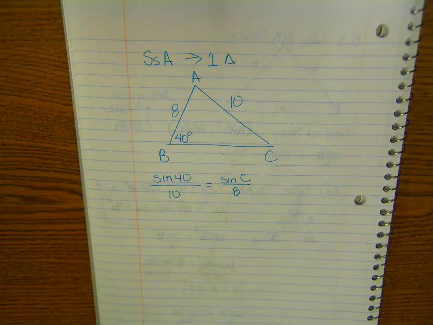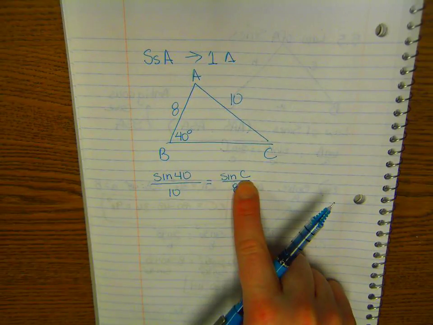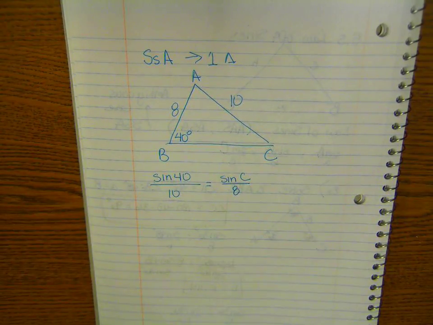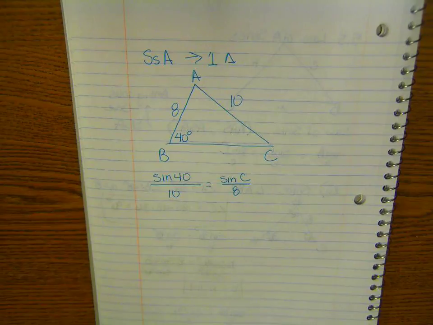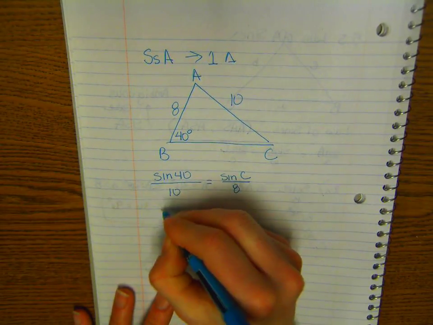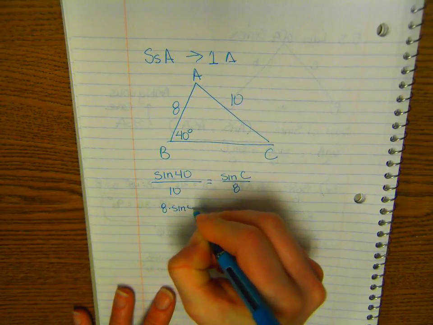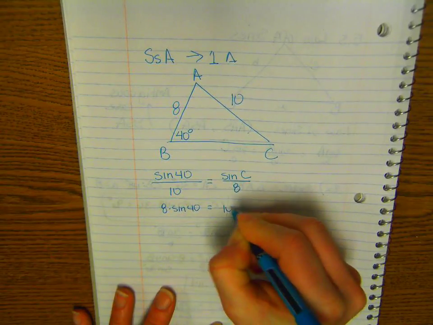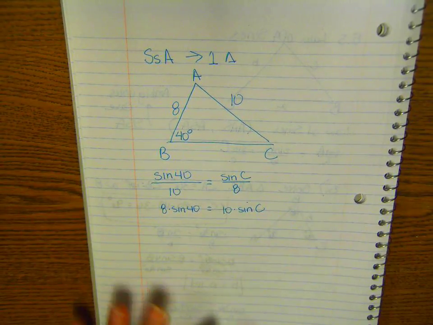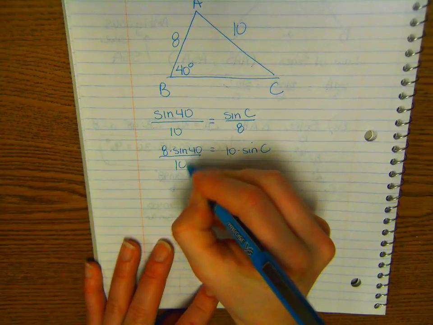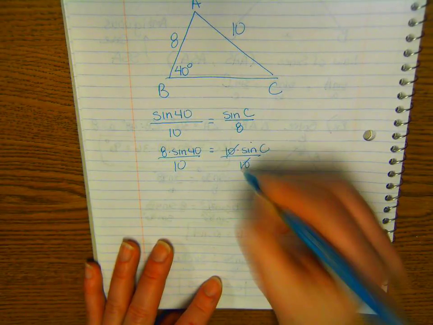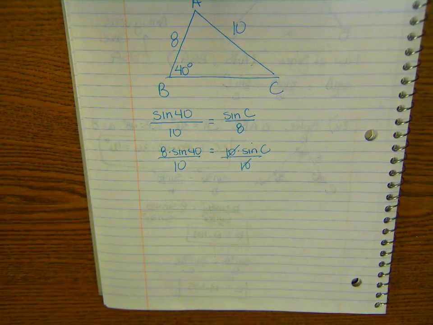This is angle C, so it's a big C. So I start the process of cross multiplying, and I do 8 times sine of 40 equals 10 times sine of C. And I divide by 10. Okay. But this is what the sine of C is.